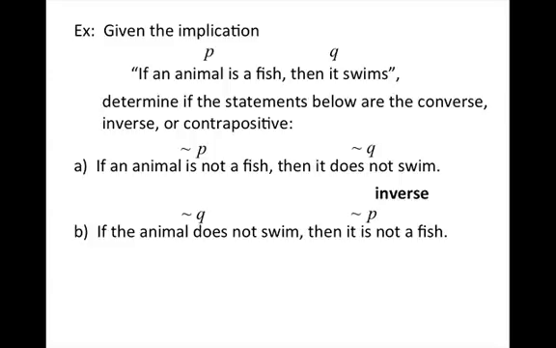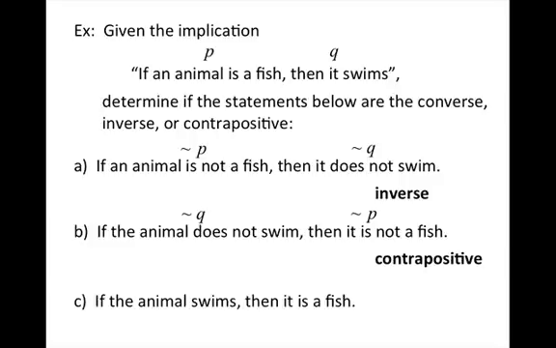This is the negation of P, so that's not P. So I have not Q implies not P. I've switched the order of my original implication, and I've negated both parts. That's the contrapositive. When you do both, when you switch the order and negate each part, you have the contrapositive.